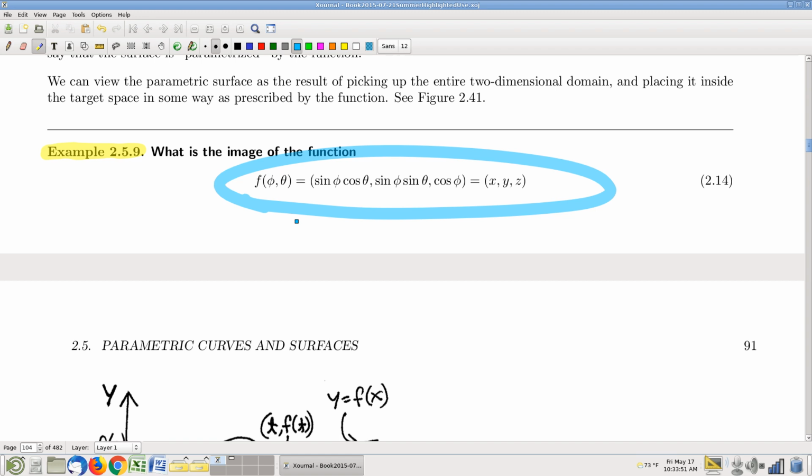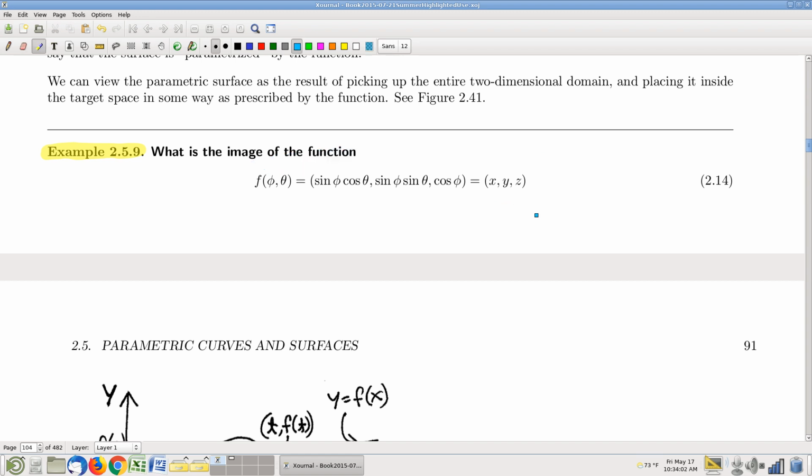But said differently, with rho equal to 1, this is exactly the formula for spherical coordinates. Okay? And so what that tells you then is that this point in the domain here is just telling you the phi and the theta for a point in spherical coordinates with rho equal to 1. So this is parametrizing the unit sphere.